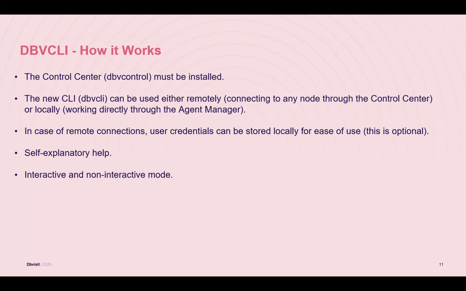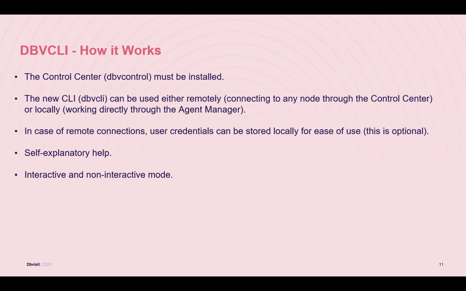And the second thing is the new CLI can be used remotely, connecting through any node. For example, you can do operations across different nodes. You don't have to do certain primary-related operations only on the primary server and standby-related operations only on the standby server. With dbvcli, you can do operations across all the servers. For example, if you have a separate control center installation, you can run all the CLI operations by connecting directly from the control center server itself.